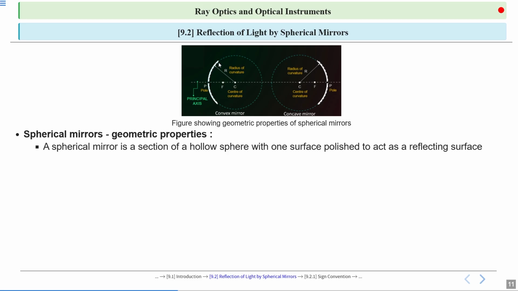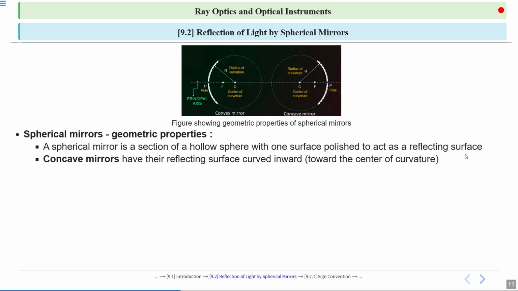Its internal surface is polished and its reflecting surface is curved outwards. And for a concave mirror, its reflecting surface is curved inwards, and behind it, it is polished. A spherical mirror is a section of a hollow sphere with one surface polished to act as a reflecting surface.